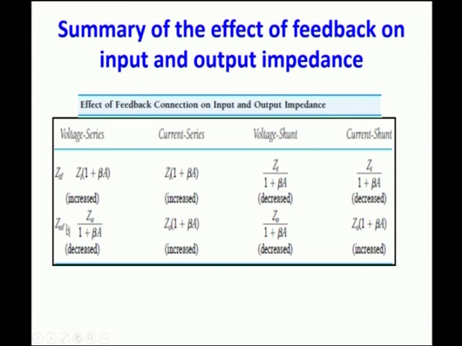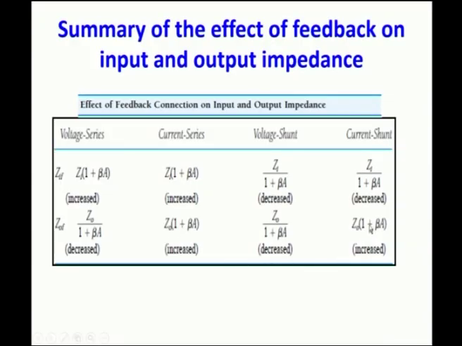Similarly, for the output impedance, the first column and the third column are voltage series and voltage shunt. If it is a voltage, then the output impedance is reduced, and if it is current, then the output impedance is increased. So, this is the effect of the feedback on input and output impedances.